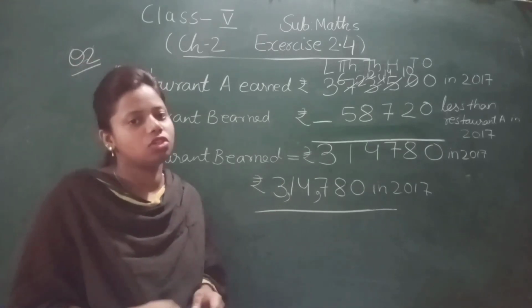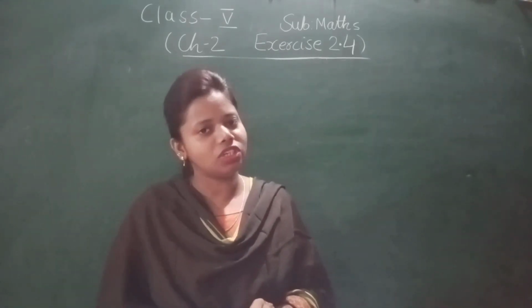Okay. Now let's see question number 3. Question number 3 is: in a year, a company manufactures 3,84,740 bicycles, out of which it sold 2,96,800 bicycles. How many bicycles were left unsold?